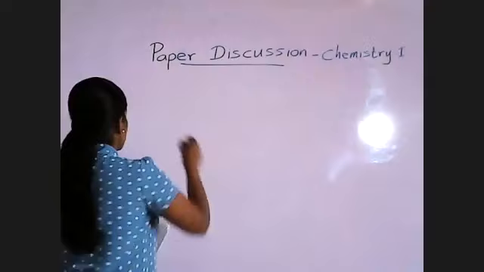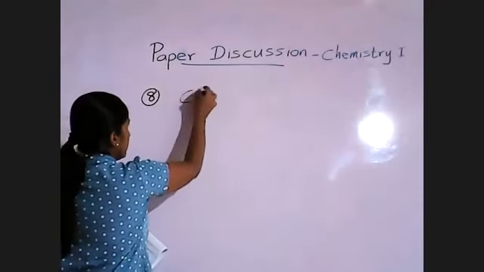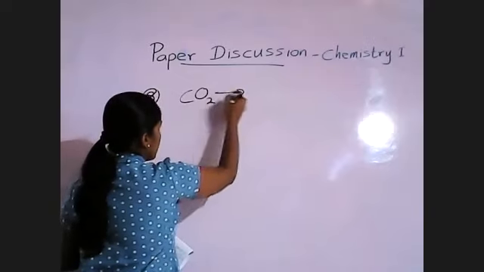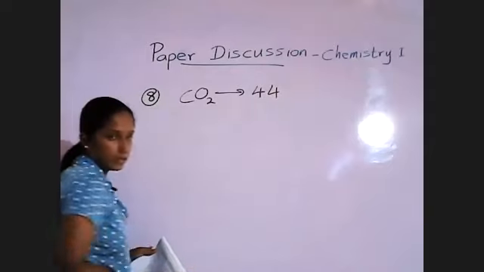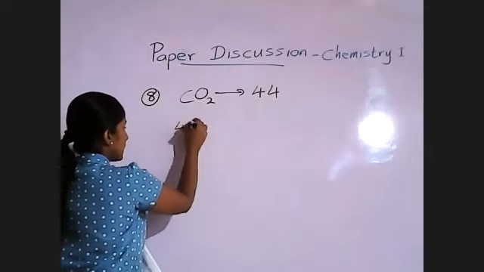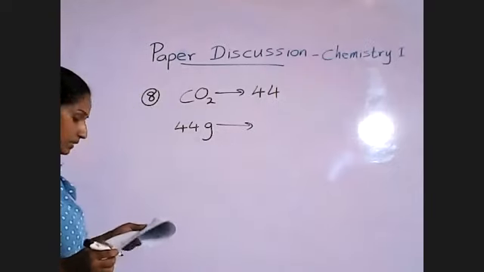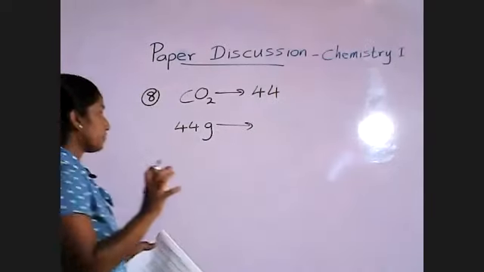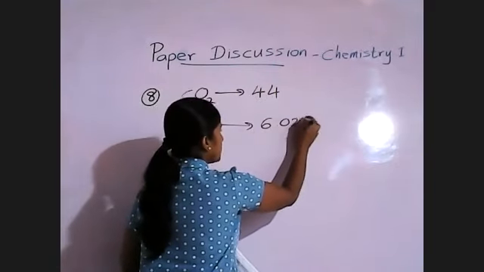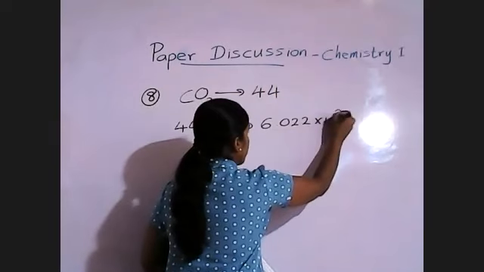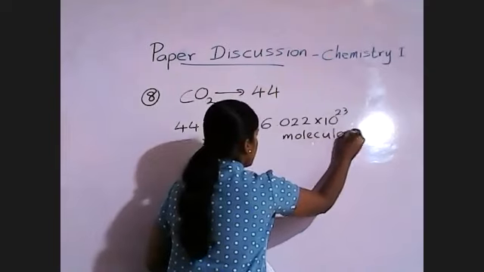Question number 8. Carbon dioxide, the relative molecular mass is 44. That means 44 grams of carbon dioxide contains how many carbon dioxide molecules? 6.022 into 10 to the power 23 molecules of carbon dioxide.